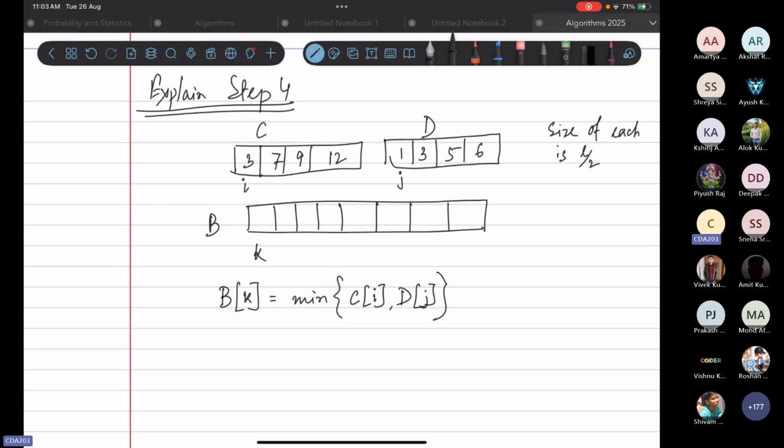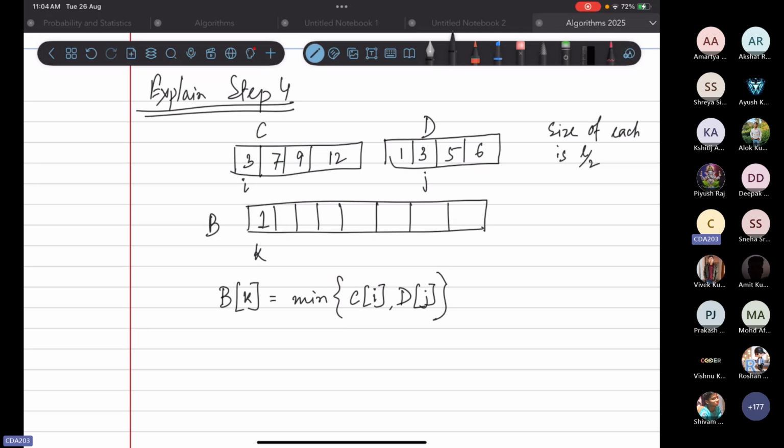So with this example, I have 1 in here. Now when I put 1 in here, this element is gone. So I will update my J here, and move J to this one.